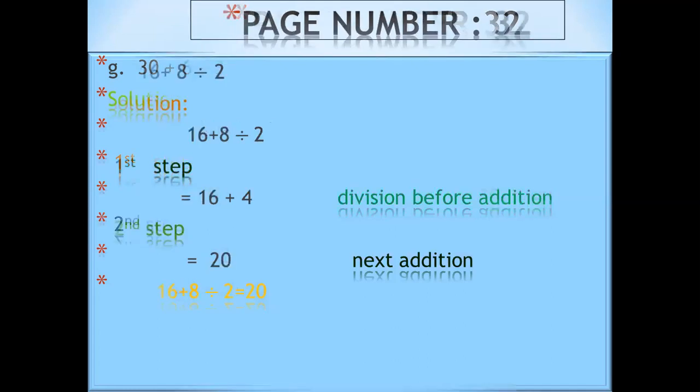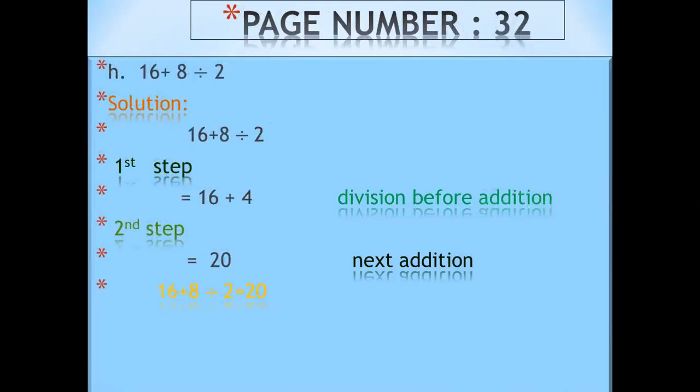The last part of this question is 16 plus 8 divided by 2. Again the same operations as we did in the previous one, addition and division. First we divide 8 and 2. 8 divided by 2, 4.